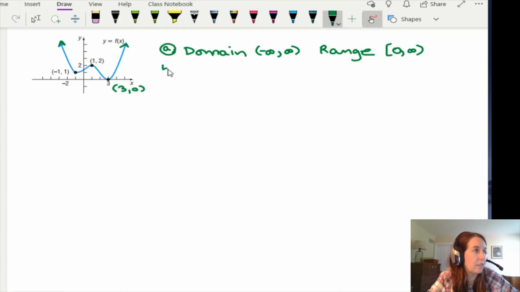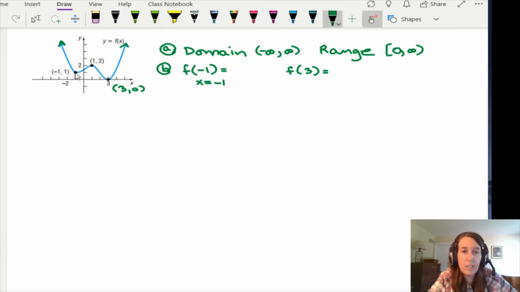All right. Another thing that we might be asked is for some values on the graph. In this case, you might be asked for f of -1 or f of 3. The f of -1 means what is the y value when x is -1?